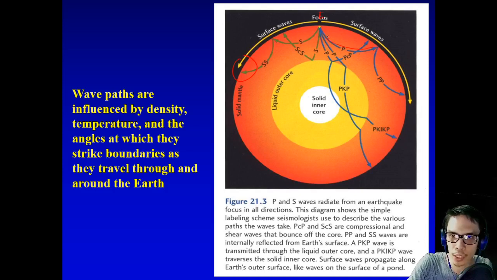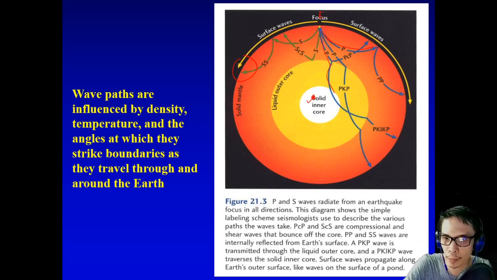There are some P waves that are very low in energy. They cannot pass through this particular area, which is the inner core. And there are some P waves that are high in energy that can travel all the way to the core itself.